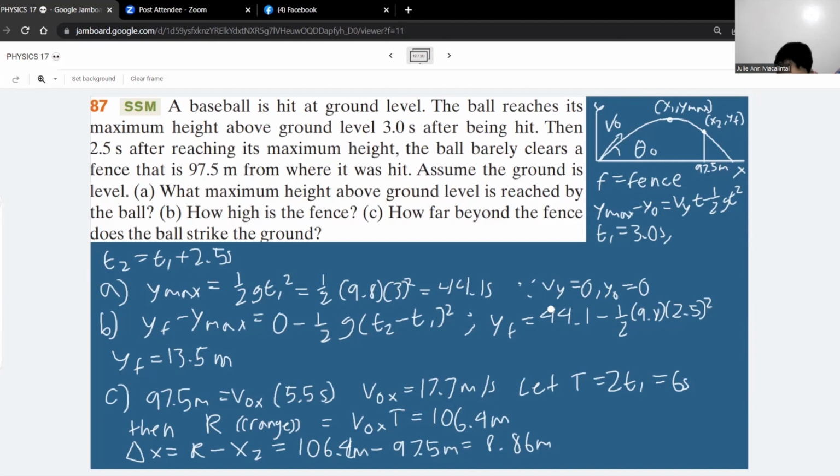Tapos evaluate sa different times. So dapat evaluate mo at 3, evaluate mo at 5.5 and subtract.